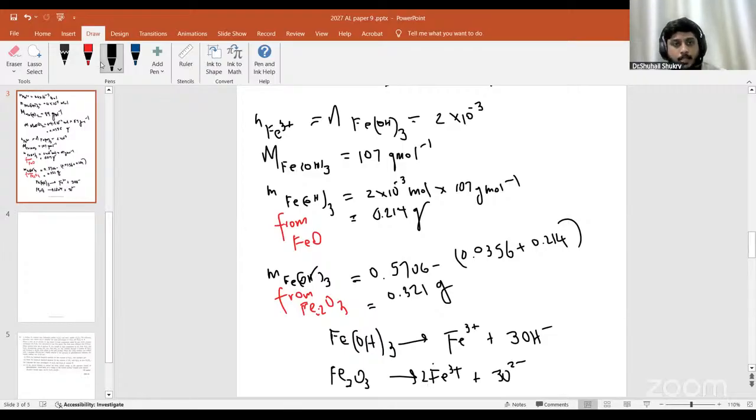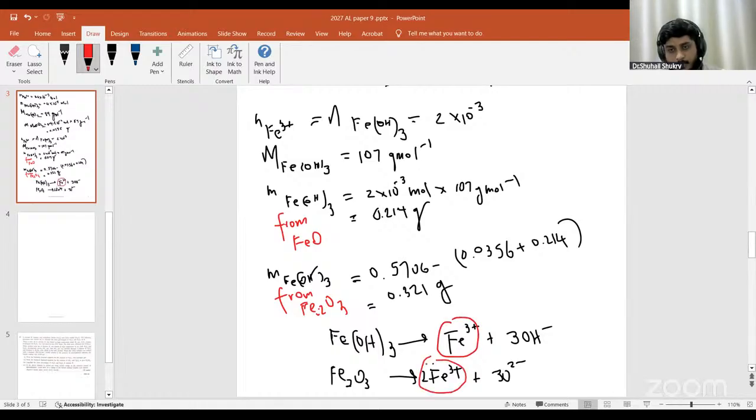So whatever the Fe3+ here, that is the same Fe3+. These both are the same. Whatever the Fe2O3 moles is, it is half of the Fe3+ moles. So you can see Fe3+ moles are equal to the ferric hydroxide moles.